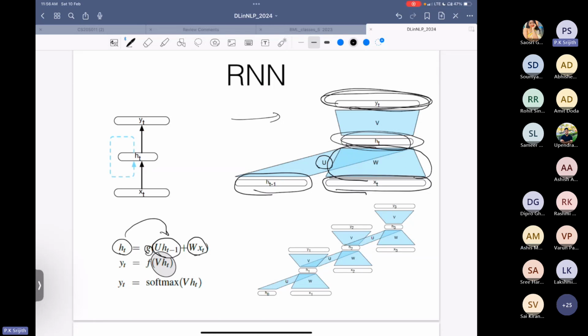Possibly you can think of this f as some sort of a softmax function or something like a logistic function, which will help you get some kind of a probability distribution over possible outputs. Oh, sorry, yes, the softmax function is here, right? So f is nothing but a softmax function, which can help you to get some probability distribution over the outputs. All right, so this is a very simple recurrent neural network. Is that clear?